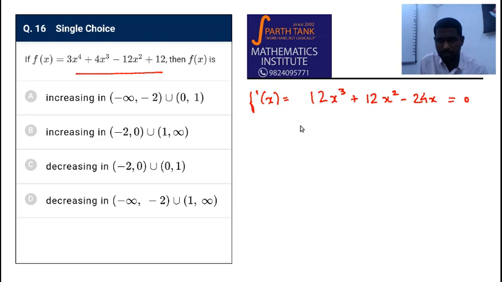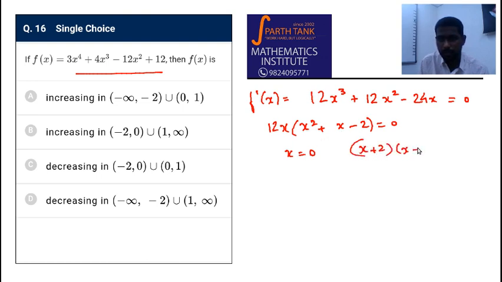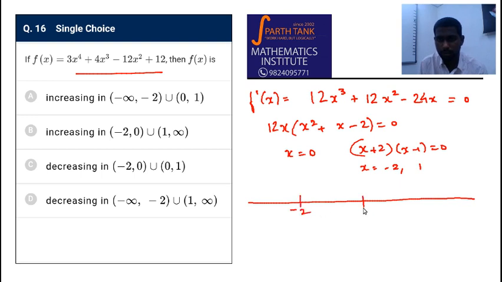If I take 12x common, x squared plus x minus 2 is 0. Therefore, x is equal to 0 or this is equal to 0. This is nothing but x plus 2 times x minus 1, which gives minus 2 and 1. Therefore, we have the whole real line divided by minus 2, 0 and 1. So there are 4 intervals.